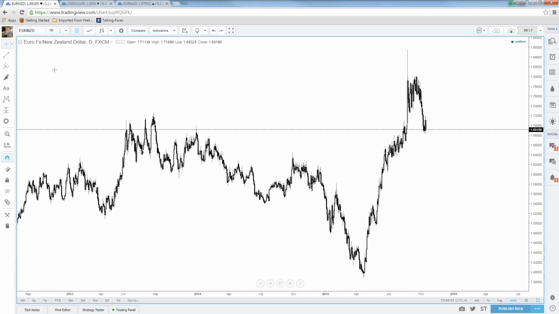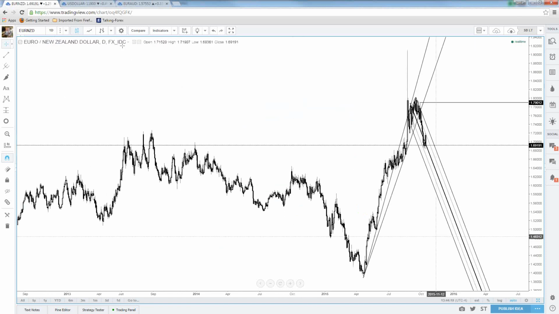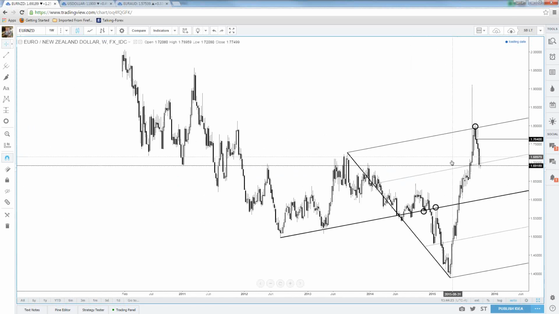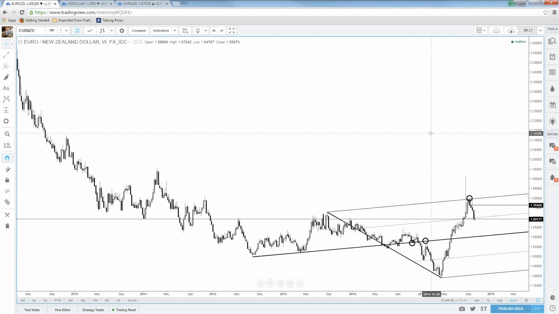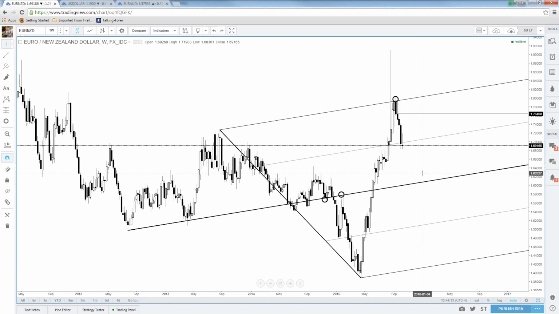So Euro Kiwi. I'm not all that enamored with Euro Kiwi, but if you are, then I'd be looking lower, probably towards this median line.